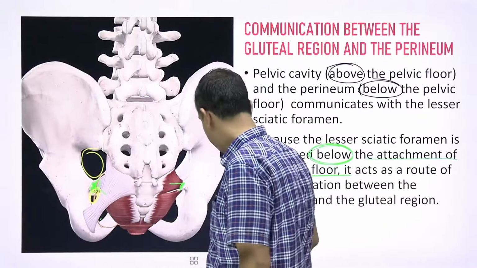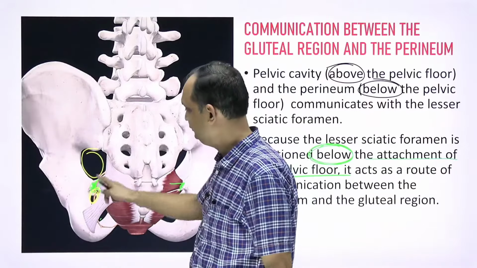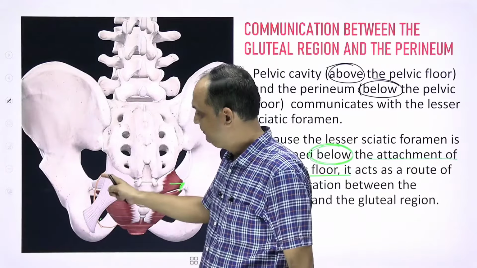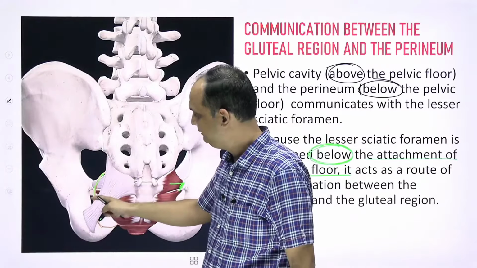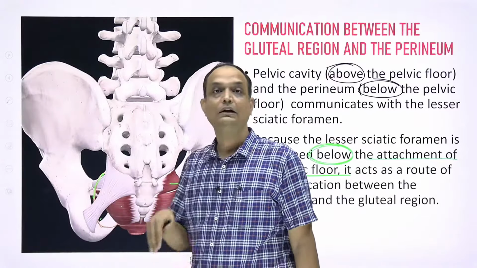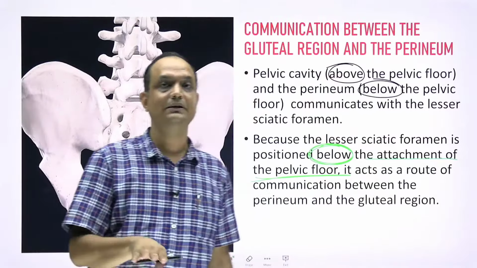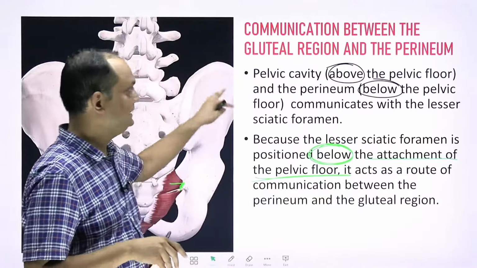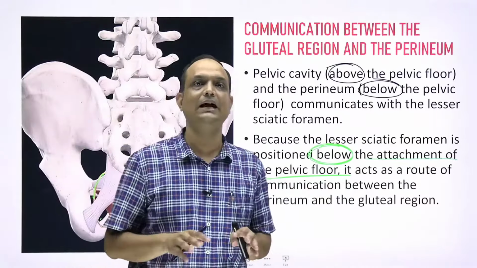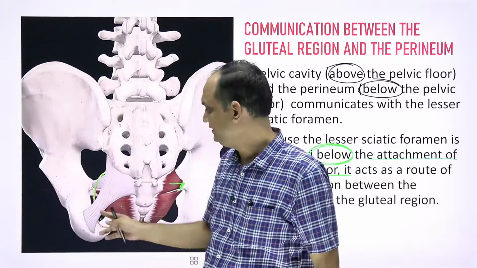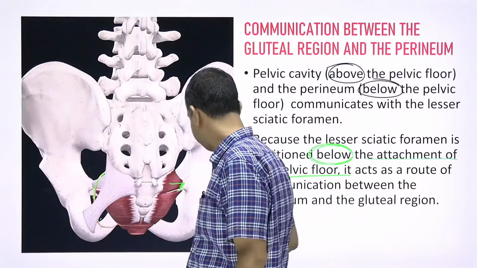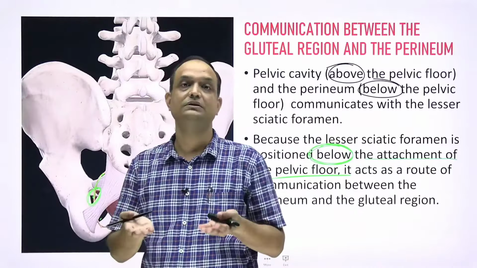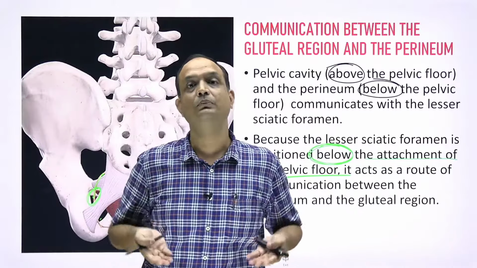So, there are two structures that will come out into the gluteal region, make a loop, and then re-enter through the lesser sciatic foramen, and these are the pudendal nerve and the internal pudendal artery. So this is again the concept to understand, what the communication is. The lesser sciatic foramen works as a gateway for structures to enter the perineum from the posterior side.